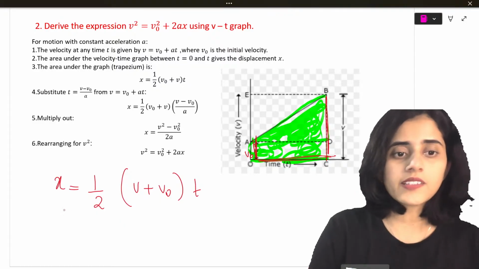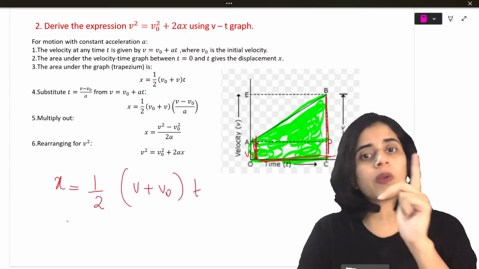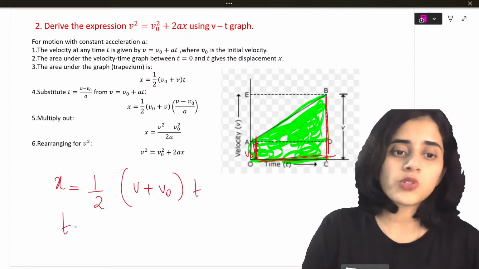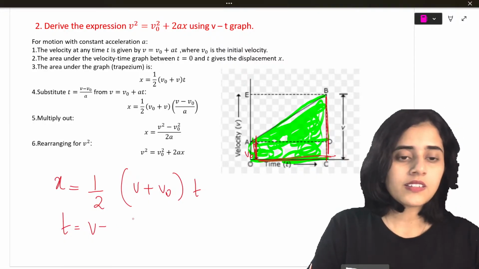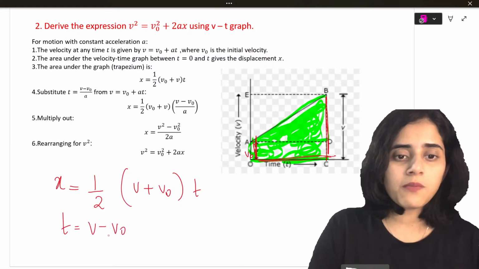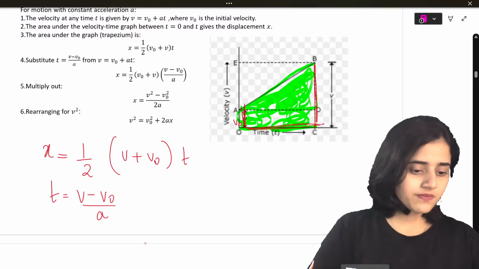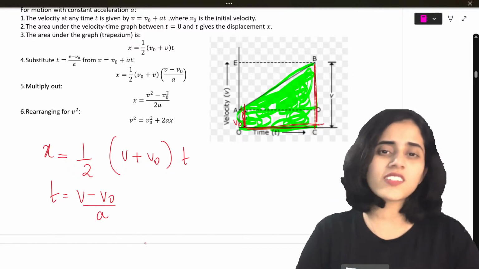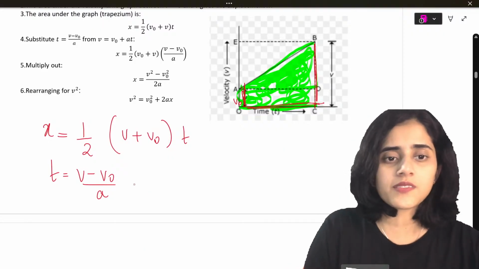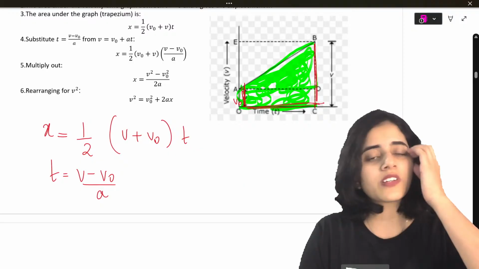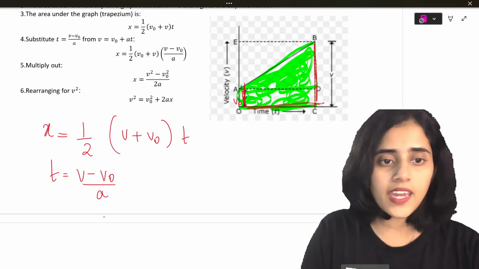I already know from the first equation that acceleration is equal to v minus v naught by t. So t is equal to v minus v naught by a.